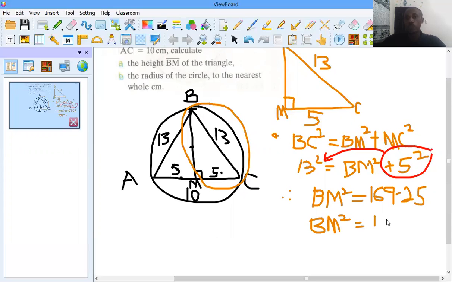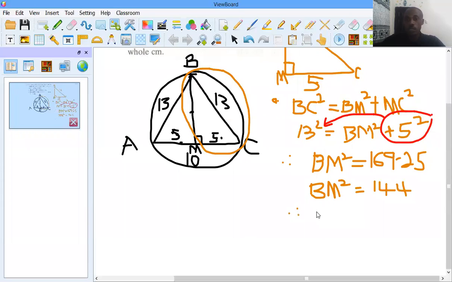So therefore, to solve for BM, which is our concern, we apply square root to both sides. And when we apply square root to both sides, the magnitude of BM will be equal to the square root of 144, plus or minus.